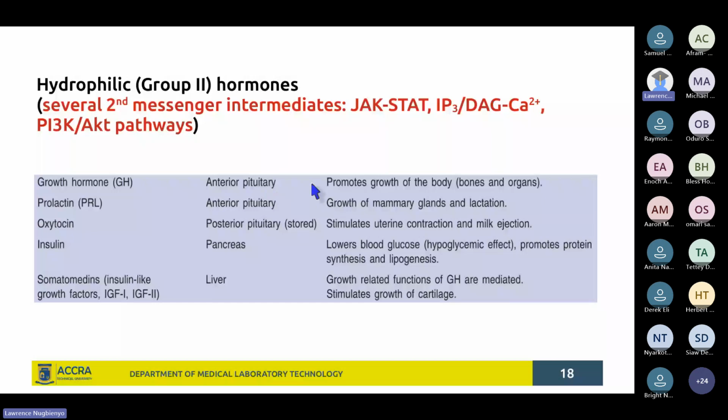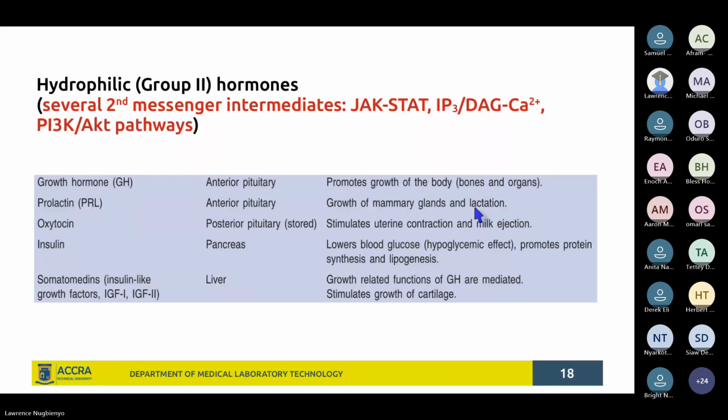I mean, bone elongation and organs. And so you have the prolactin also regulating the growth of the mammary glands in females, and also lactation, that is after labor. You have prolactin, responsible for the production of breast milk.